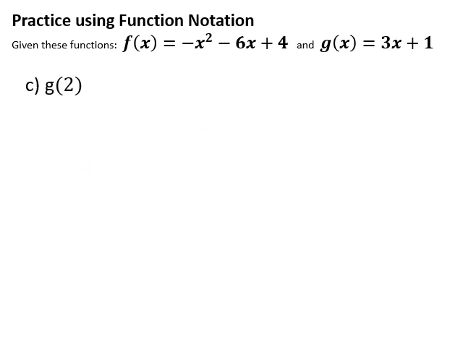All right, C. So find g of 2. So we simply take the x out of the function g of x and plug a 2 in and simply simplify that to 7. All right, D. So find g of 3a.